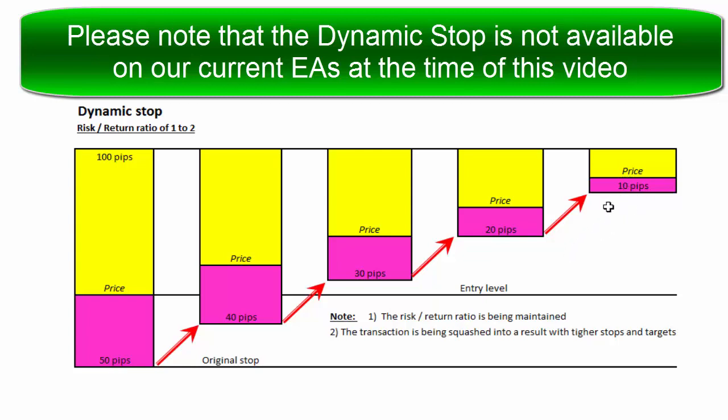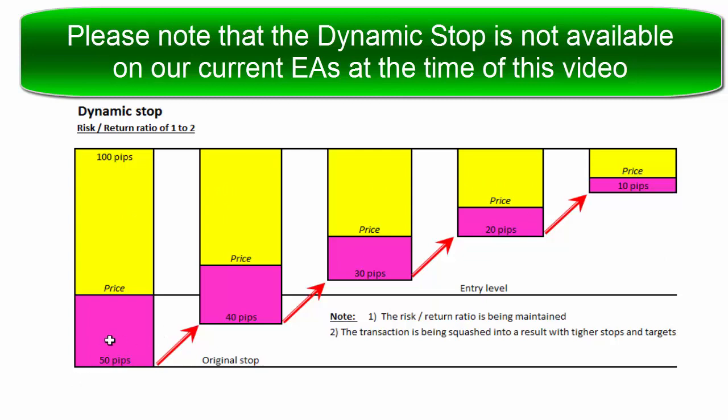If there is a retracement, the amount that you're giving back to the market becomes smaller and smaller as the transaction happens. Now, in these particular settings, you can decide how often you want your risk-return ratio corrected. You can do it 10 times during a transaction, or you can do it 5 times. In this particular example, I'm showing you a 5 times correction.